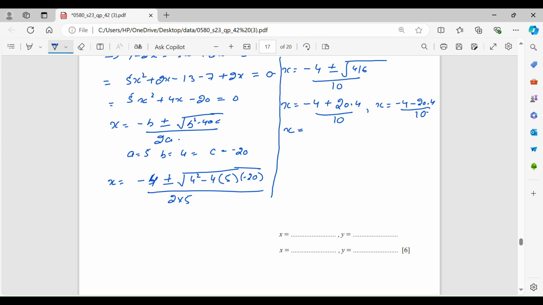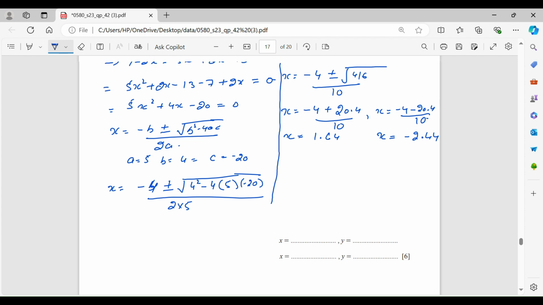So x will be equal to 1.64, and here x will be equal to minus 2.44, right? Now y is equal to 7 minus 2x.